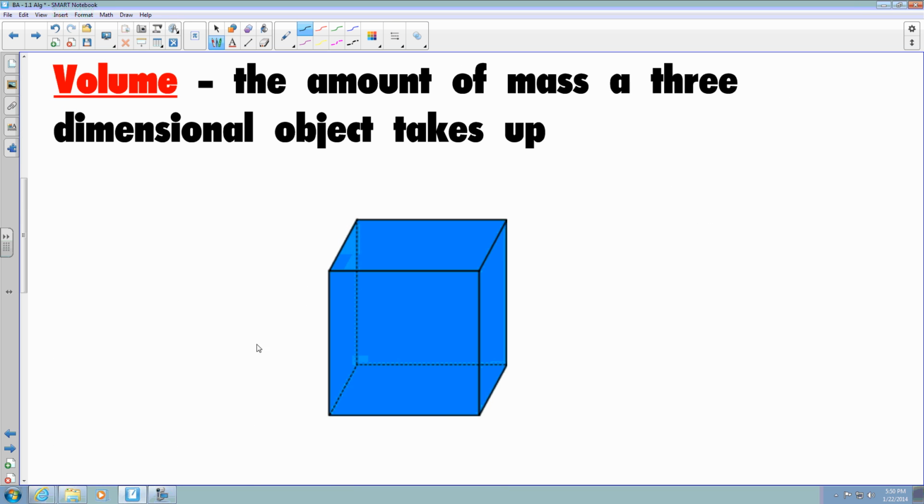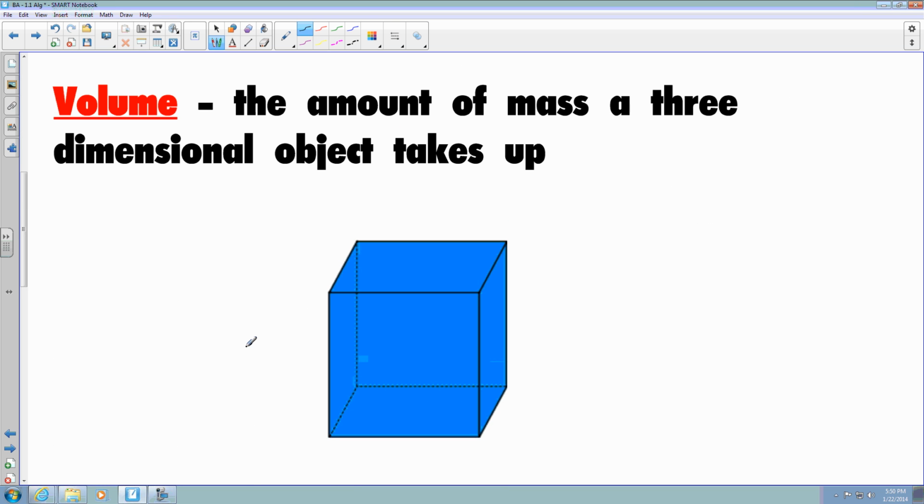Volume is the amount of mass a three-dimensional object takes up. Since this is a cube, the length, height, and width are all the same. And if they were a distance of s, the volume of a cube would be s to the third power.